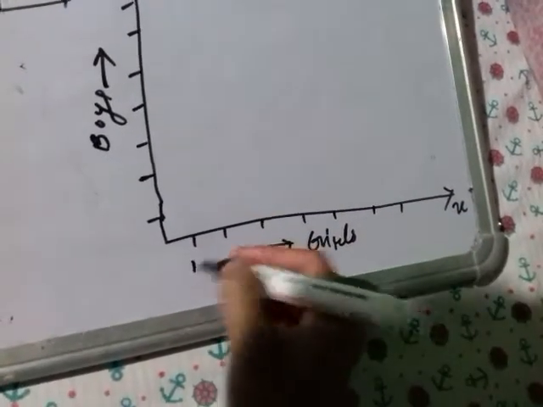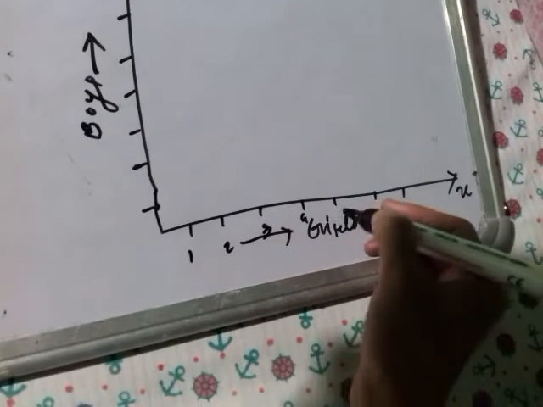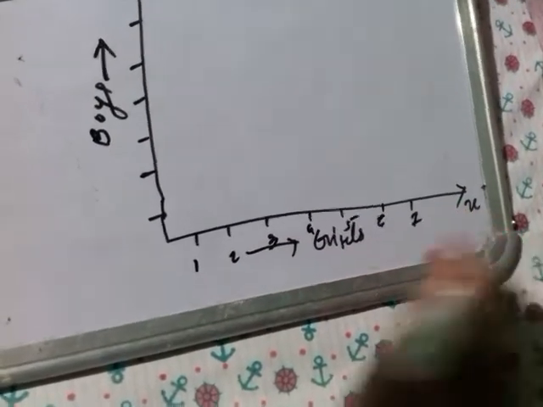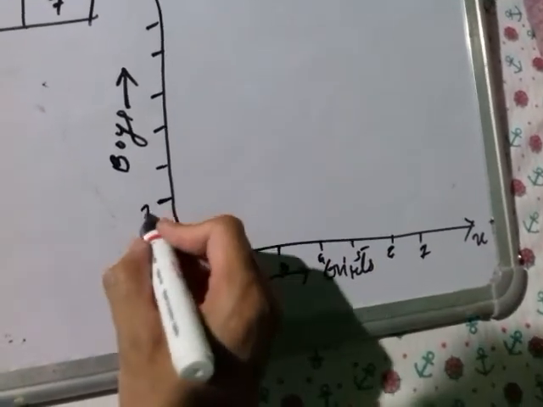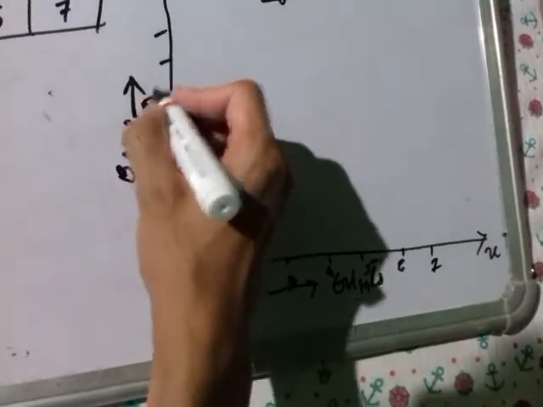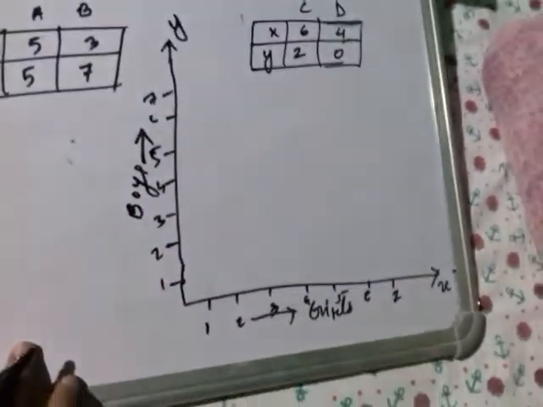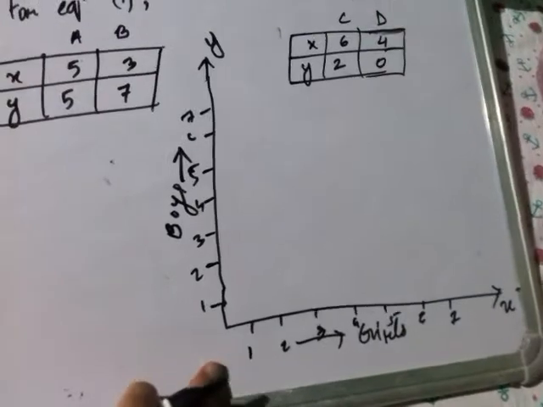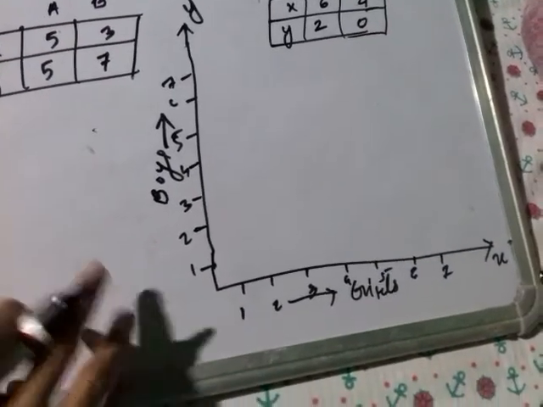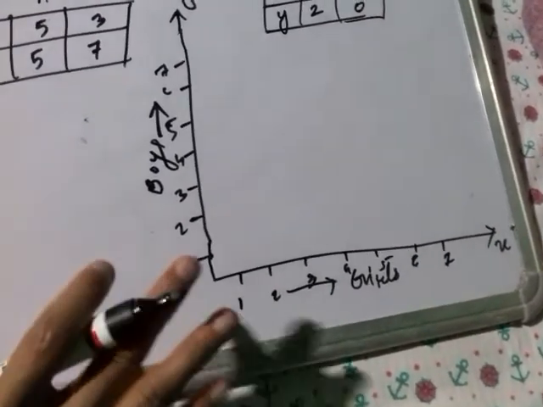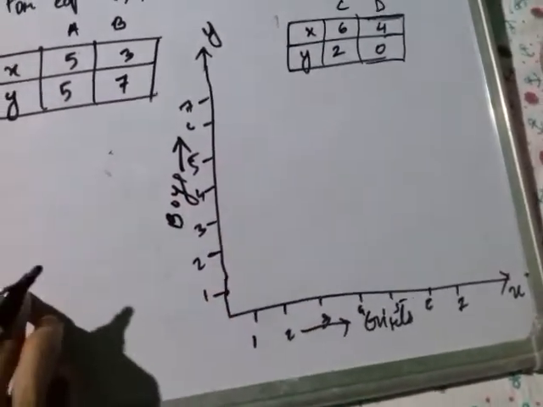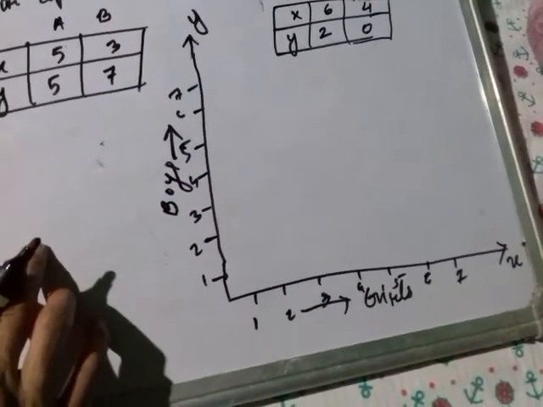Here will be 1, 2, 3, 4, 5, 6, 7. Here also 1, 2, 3, 5, 6, 7. Now this is not an actual graph, so I can't do it properly, but you need to do it properly in your graph. This is only a representation so that you can understand it.